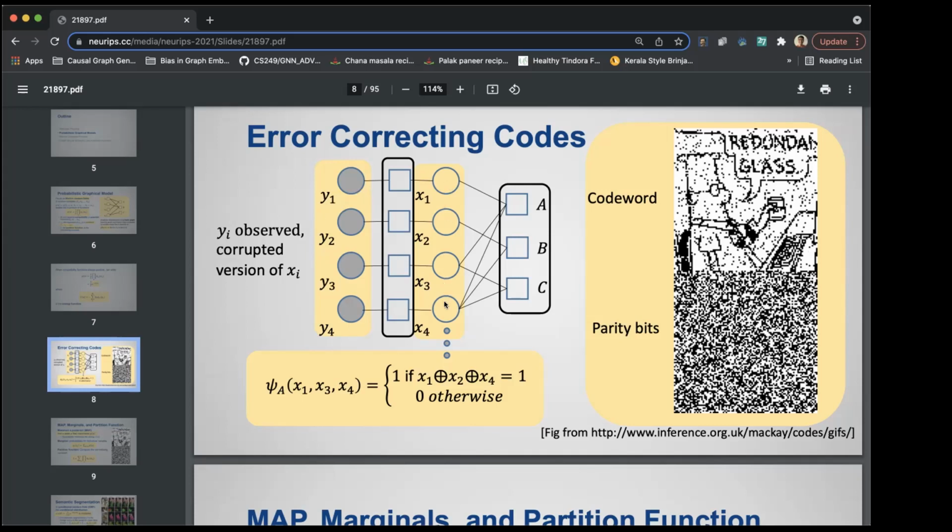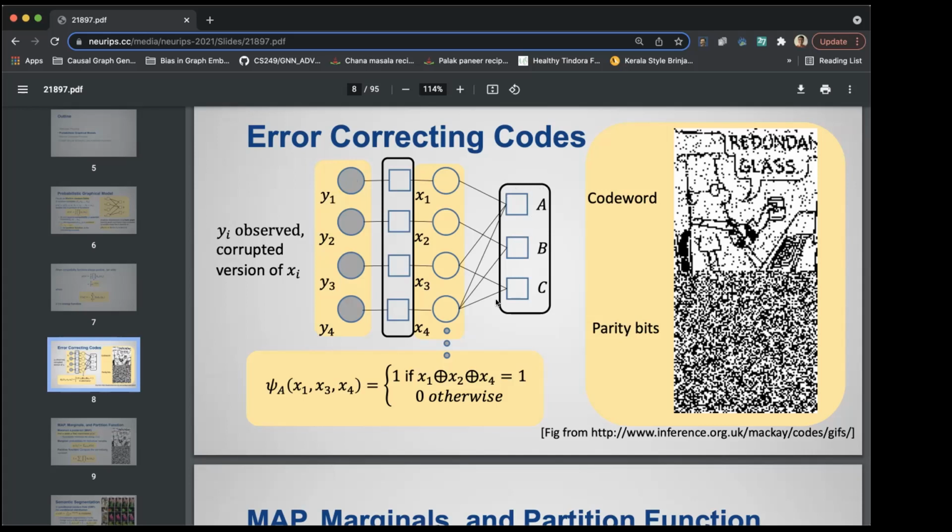The x's are going to be the actual values of the bits, like what they're supposed to be, assuming that there was no corruption. And these factors here represent the potential between the corrupted bit and the uncorrupted bit. So we have this understanding of the probability of x1 given y1. That's what this factor might represent. It's going to be proportional to this conditional probability. We want to know how likely it is that x1 equals some value given that y1 was the value that we observed.